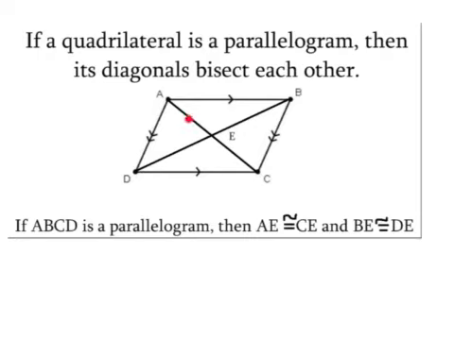So if I take segment AC and cut it into two equal parts, that means AE would be equal to EC. And if AC cuts DB into two equal parts, that means E is my midpoint. So that means DE is equal to EB. So diagonals get cut in half. The point that intersects is called the midpoint.